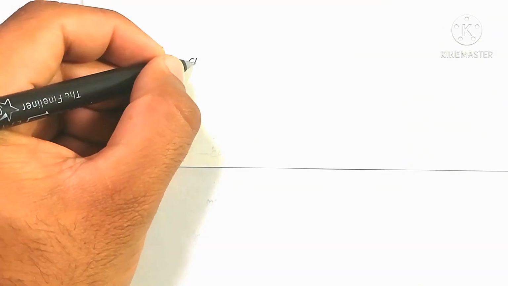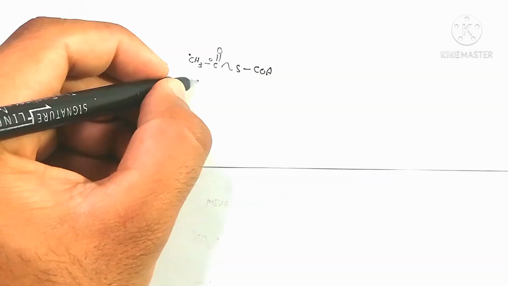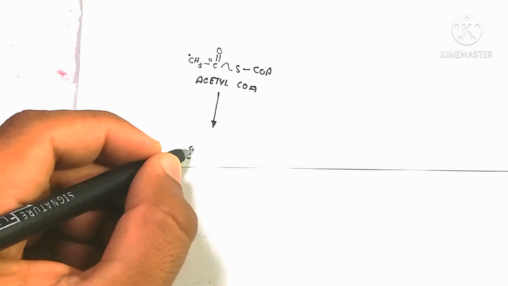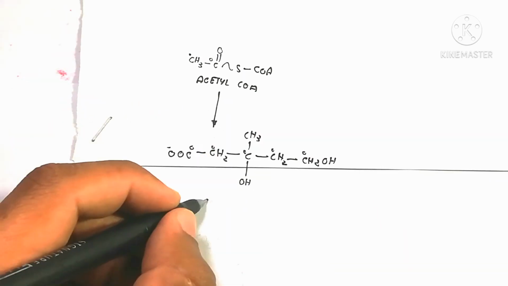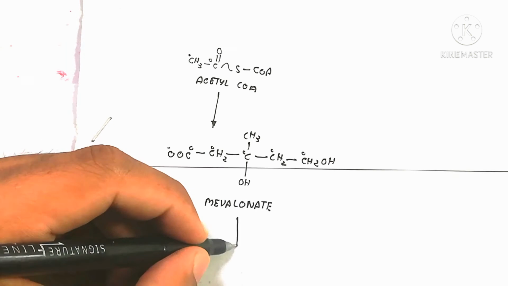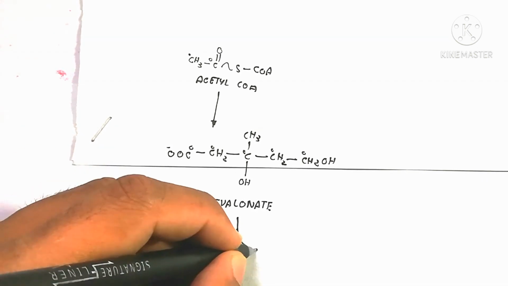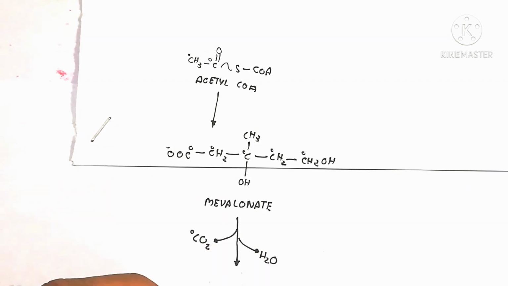But on the other hand, one more reaction: acetyl-CoA will be converted by a chemical reaction to produce mevalonate, and carbon dioxide and water will be excreted to produce the isoprenyl unit.